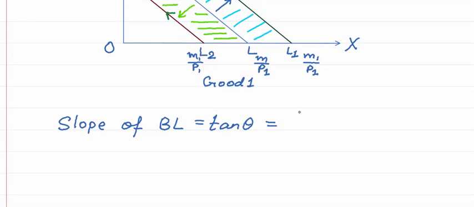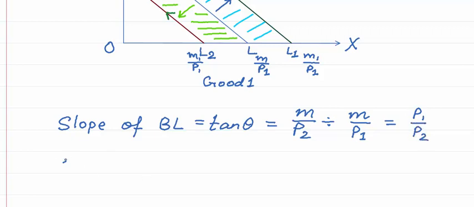We have M by P2 divided by M by P1. This gives us the slope as P1 by P2.